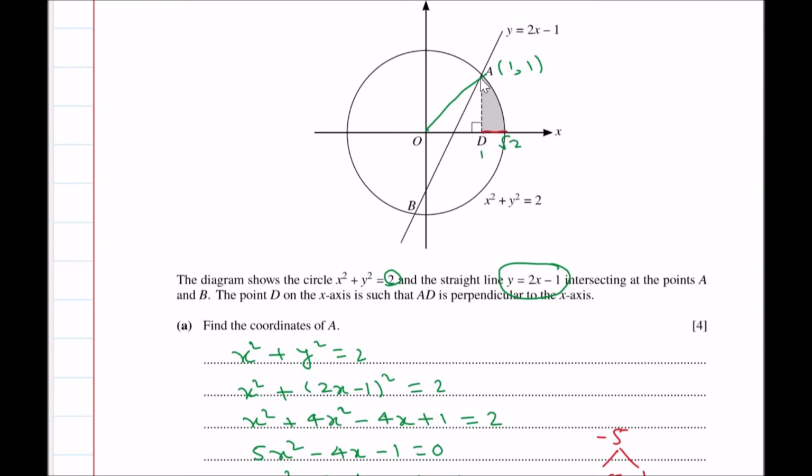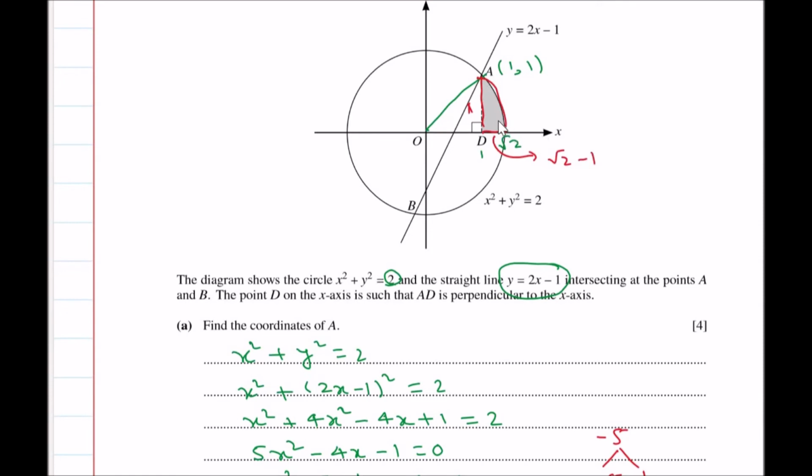This length AD, this line, and the arc length. This line is already known, this is 1 here, the vertical line. AD length is 1, and this can be found by √2 − 1. From here to here it is √2 − 1.